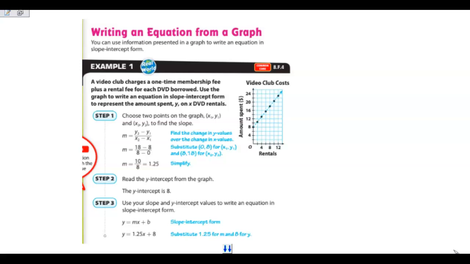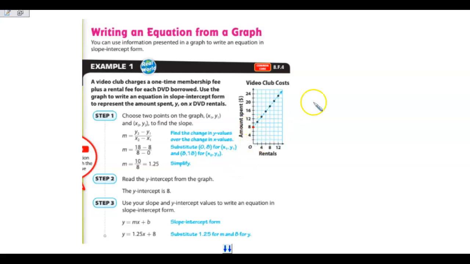For example 1, it says that a video club charges a one-time membership fee plus a rental fee for each DVD borrowed. Use the graph to write the equation in slope-intercept form to represent the amount spent, y, on x number of DVD rentals. So when I look at this, the first thing I notice is that I have this point right here.